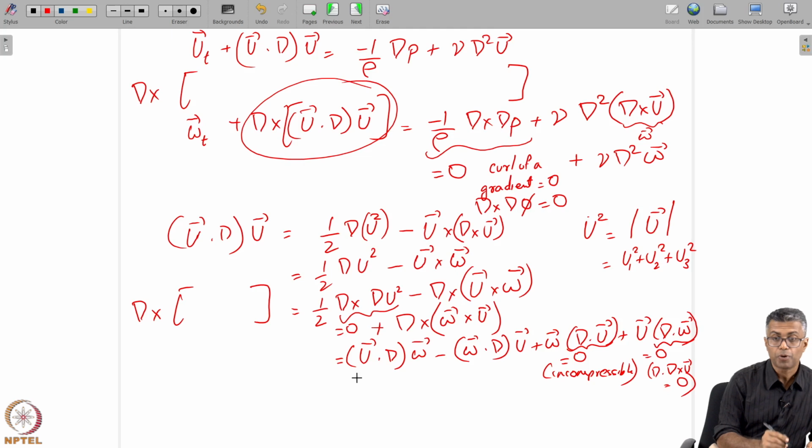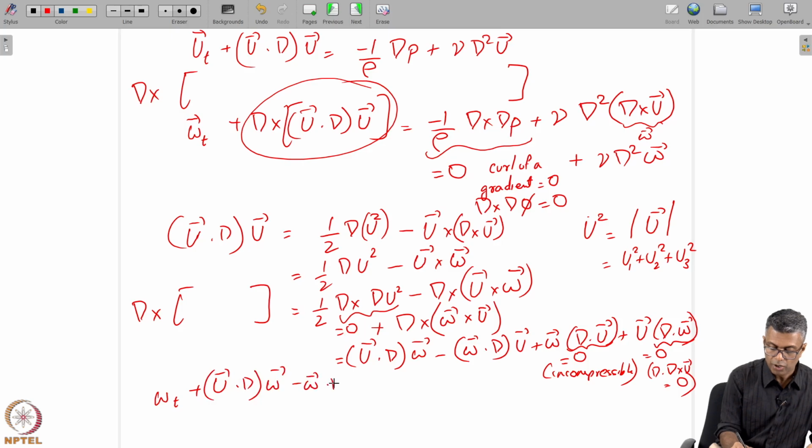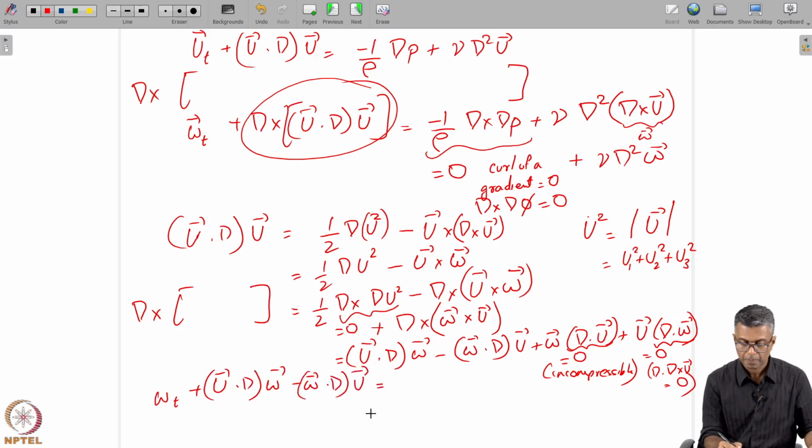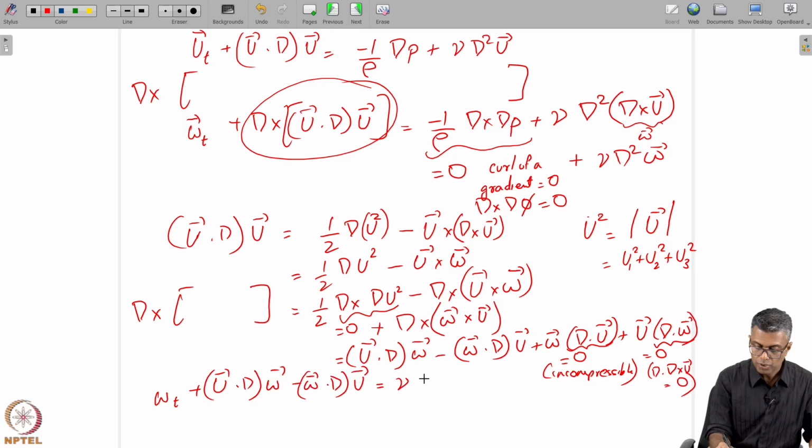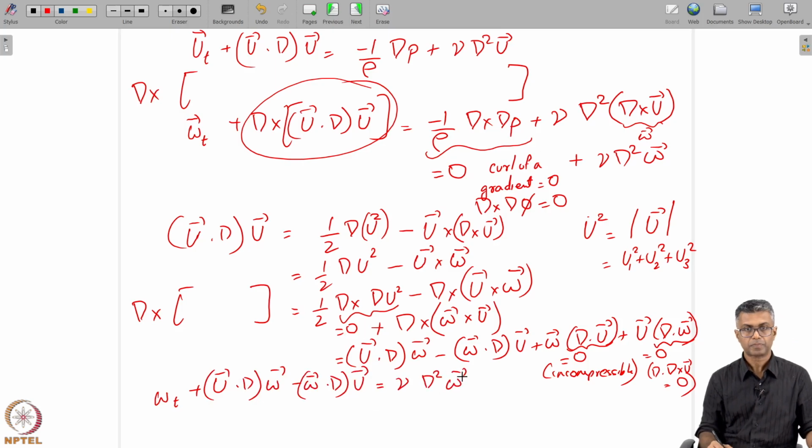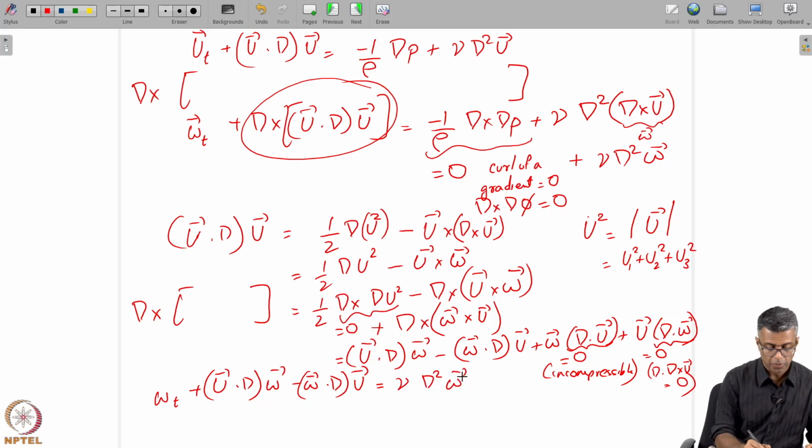So now I put it into my vorticity equation, and I'll have partial omega by partial t plus u dot del omega minus omega dot del u equals nu del squared omega, isn't it? The third term on the left hand side, I will just take to the right hand side and make that positive.